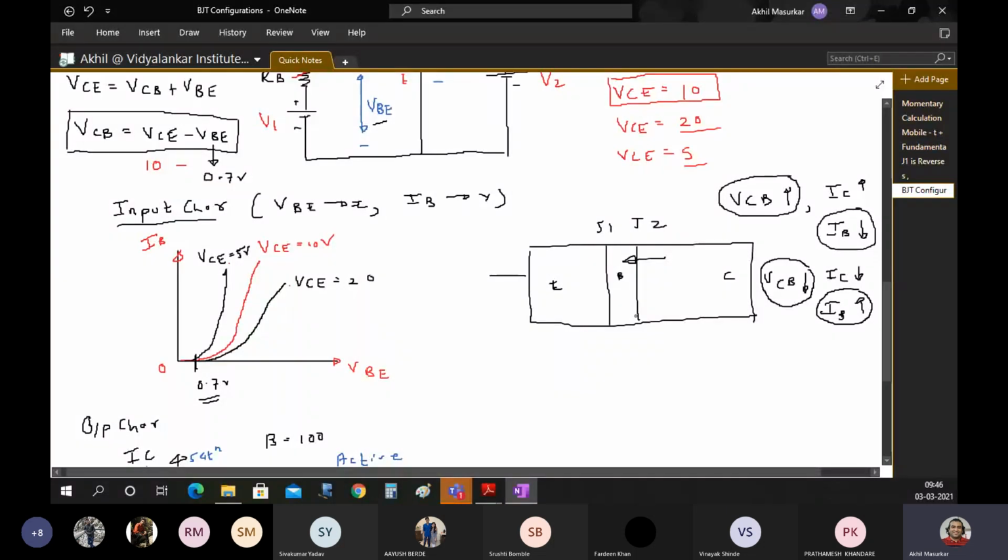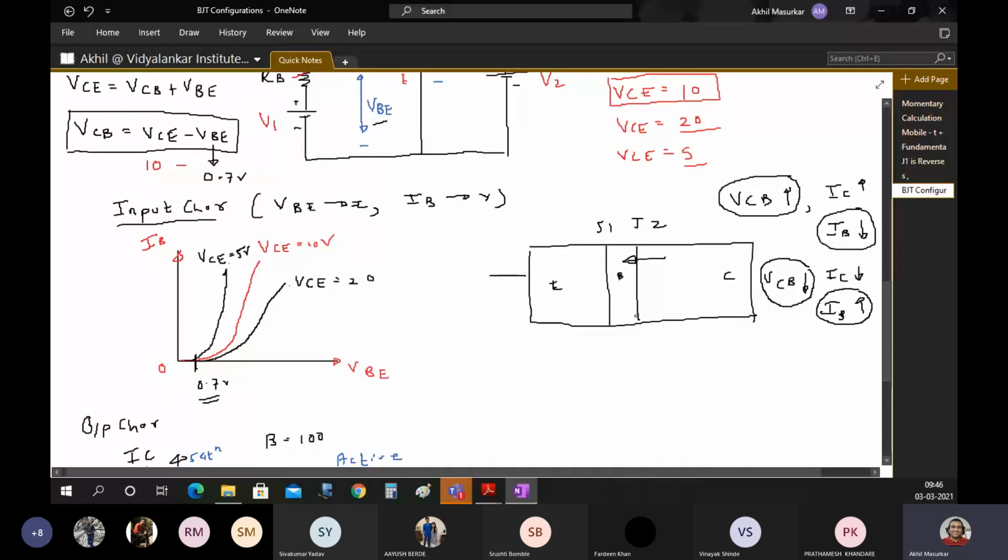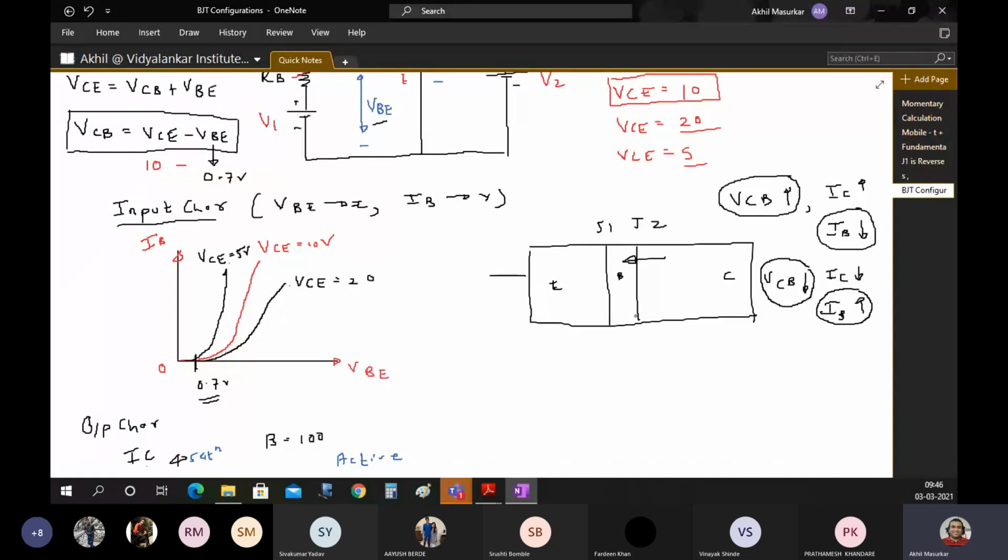The higher VCE produces greater depletion region penetration into the base, reducing the distance between the collector-base and emitter-base depletion regions. Due to this, more of the charge carriers from the emitter flow across the collector-base junction and fewer flow out through the base terminal. So that is what we wrote: if VCB increases, IB decreases, and if VCB decreases, IB increases.